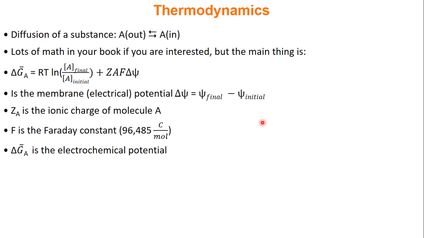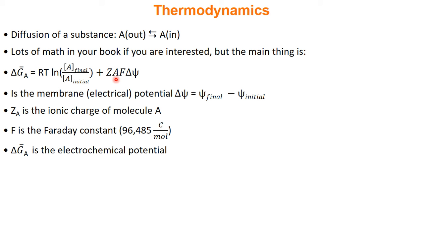The last thing we're going to talk about is math, and what we need to know for math is this equation. We're talking about diffusion of ions or any substance. The free energy of diffusion for any molecule, here's molecule A, equals RT, where R is the gas constant and T is temperature, times the natural log of the final concentration of molecule A, so wherever it's going to, divided by the initial concentration of molecule A, that is wherever it's coming from, plus ZA.